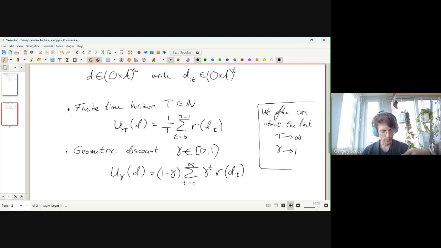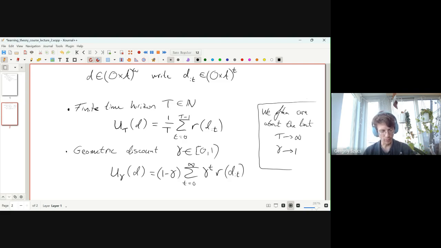So these are the two typical ways of turning a reward function into a utility function. Of course, you could use other forms of summing things up, and sometimes those could be useful as well, but I think these are the most commonly occurring ones. They behave pretty similarly in practice.